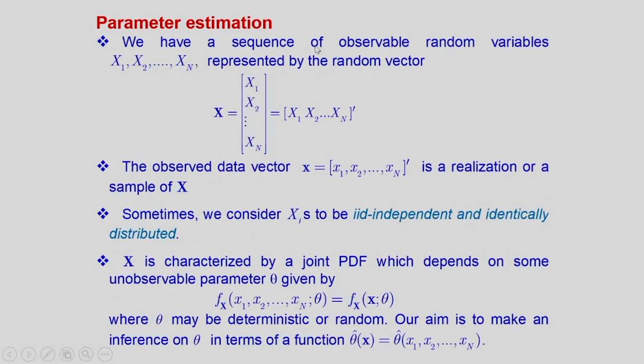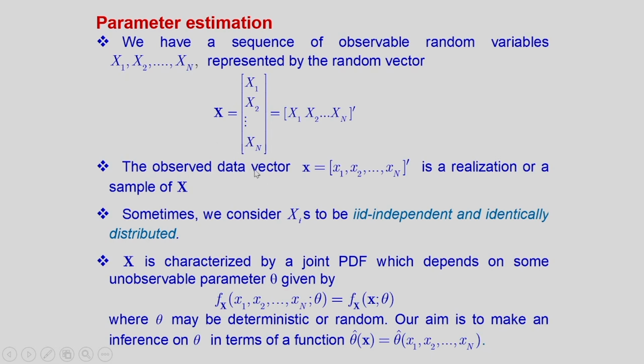We have a sequence of observed random variables x1, x2 up to xn. There are n random variables represented by a random vector. It is represented as a column vector, which we can write as the row vector transpose. So, that way observed data are modeled as random variables. Now, what are the particular values of the observed data?